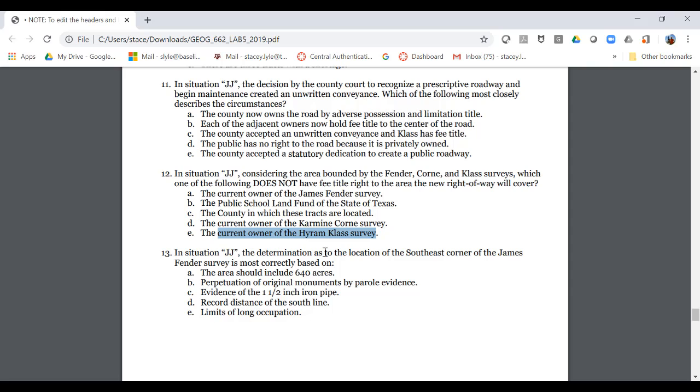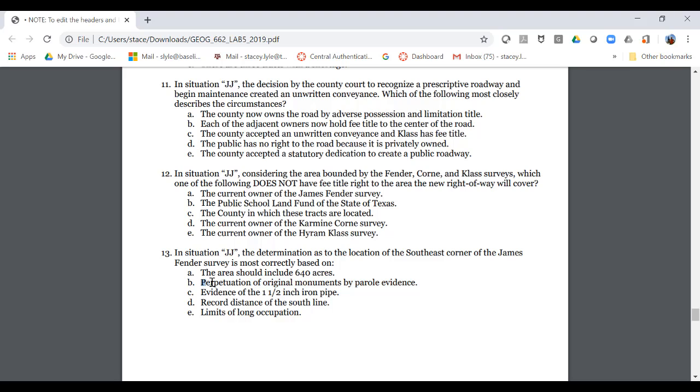In the situation, the location of the southeast corner of the James Fender is most correctly based on what? So now we're talking about the James Fender southeast corner, where the 4x4 post was found, which they said replaced what used to be there. Perpetuation of original monuments by parol evidence.